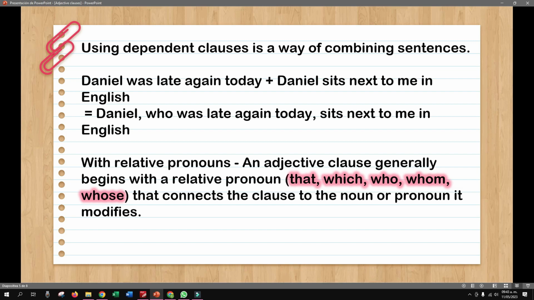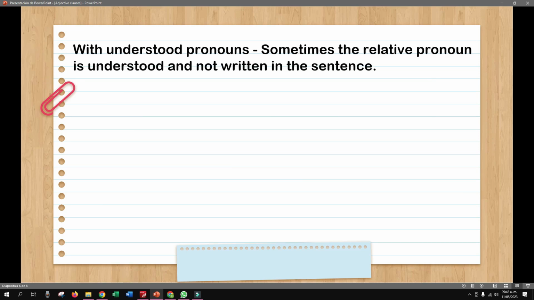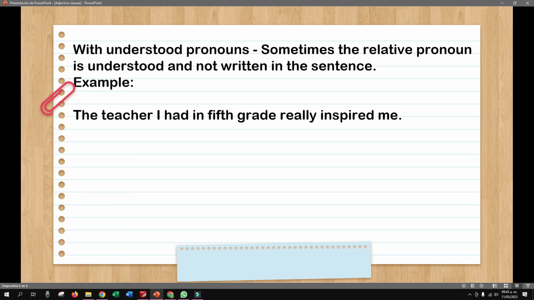With understood pronouns, sometimes the relative pronoun is understood and not written in the sentence. For example, the teacher I had in fifth grade really inspired me.